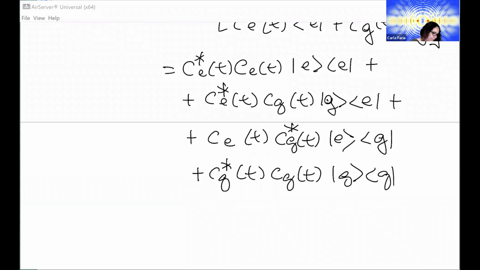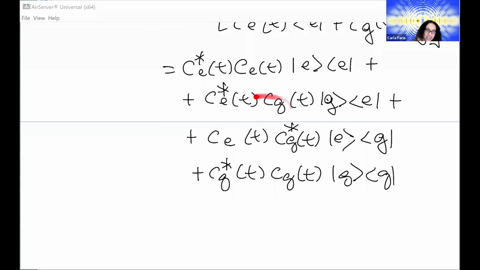But what I'm going to do is I'm going to write this as rho_EE, this as rho_EG, this as rho_GE, and this as rho_GG. Because after all, what we're doing is we're writing the density matrix in this two-level basis. So this is a fair enough point.